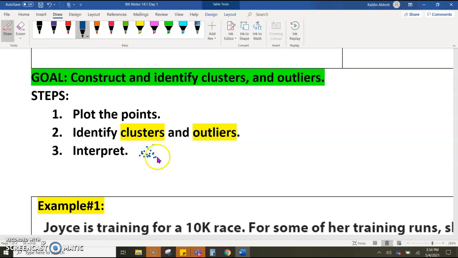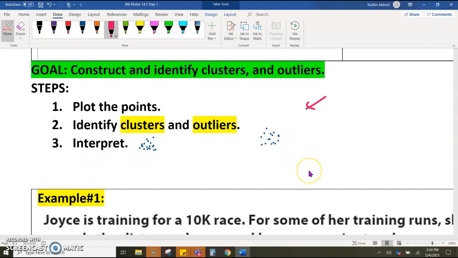So let me show you a cluster with an outlier. So here's a cluster. And here's an outlier. The outlier is way out there. Okay, so an outlier is way off to the side. A cluster is a little group of dots. All right, and then we're going to make an interpretation.